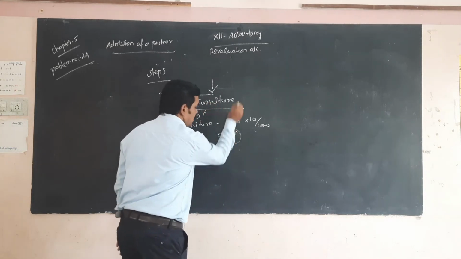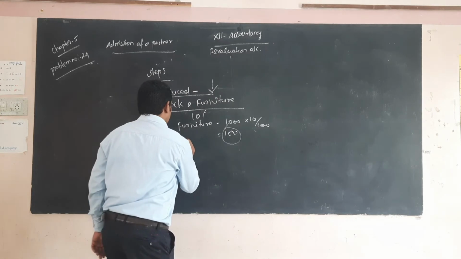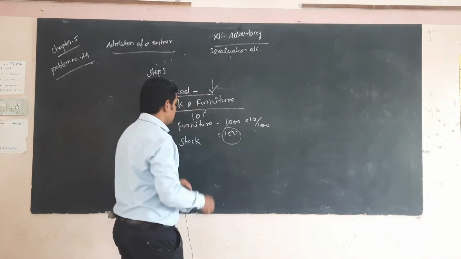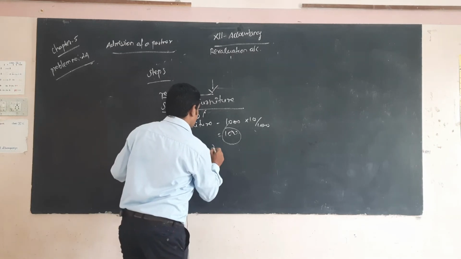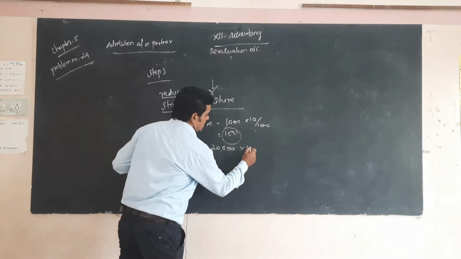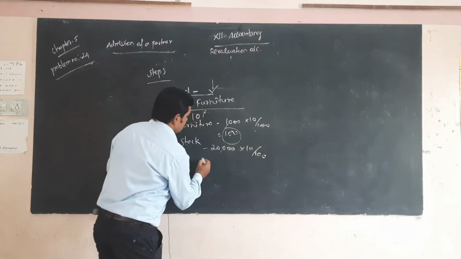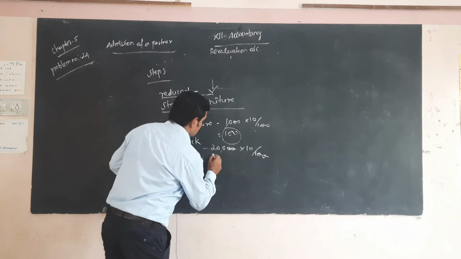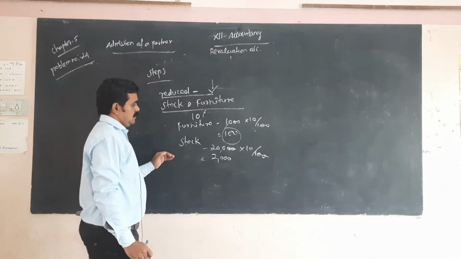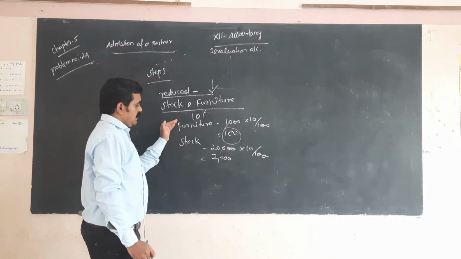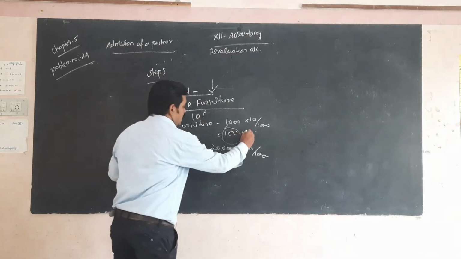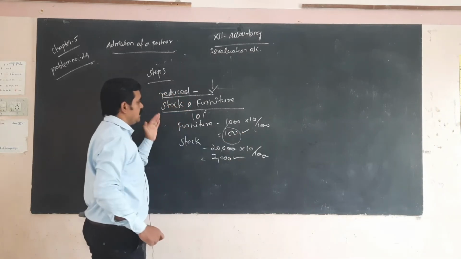That is the reduced value. Next, stock is 20,000. 20,000 into 10/100 is 2,000. So furniture and stock: 100 and 2,000 is the reduced value.